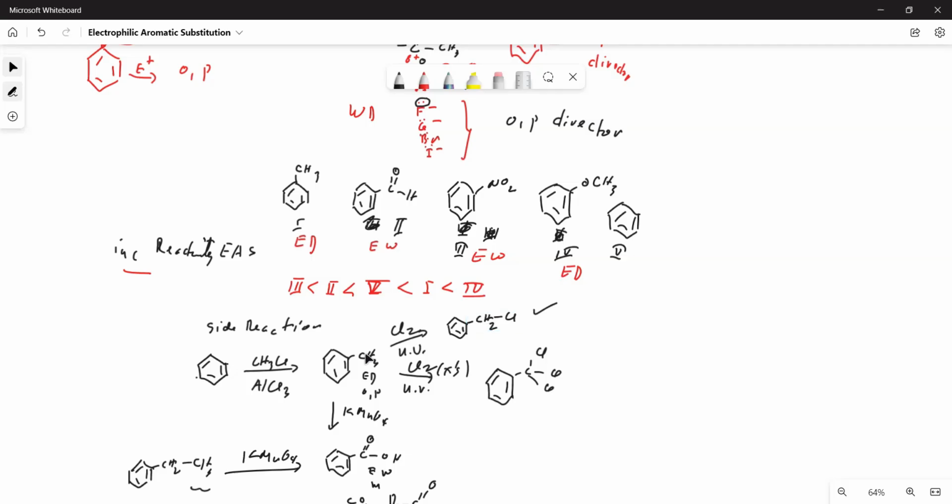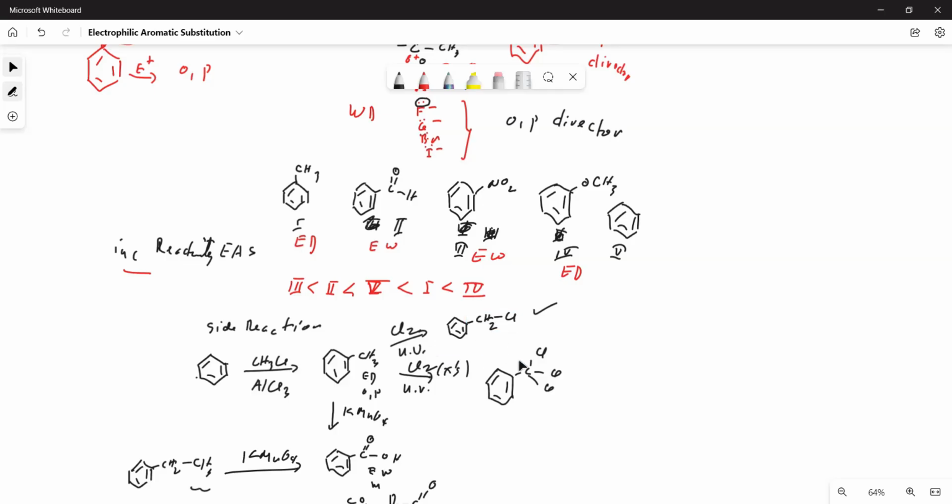But if you compare methyl and chloromethyl, the methyl will be more electron donating. This one will be less because you have now an electron withdrawing chlorine. But it is still electron donating. So meaning, it is still an ortho-para director.